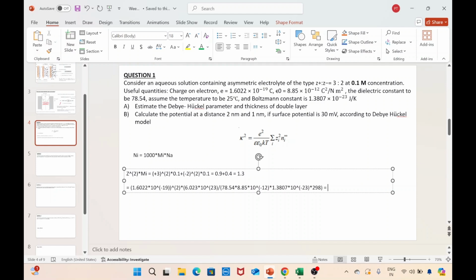So what was the value? Last week also, if you remember, we calculated this value. That is, if your dielectric constant is 78.54 and your temperature is 25 degrees Celsius or 298 Kelvin, the value came out around 5.05 times 10 to the power 15. I hope you can recollect what we did in the last class, because part A is the same as what we did previously.